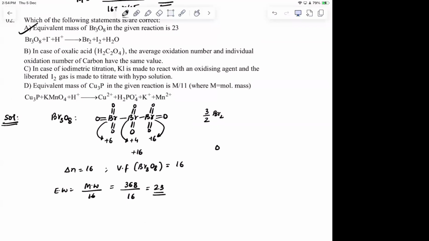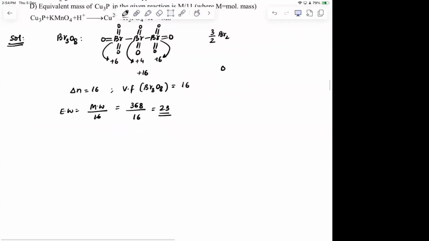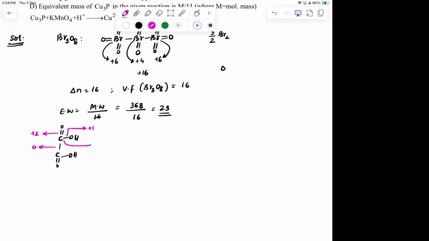Next, in case of oxalic acid, the average oxidation number and the individual oxidation number of carbon have the same value. Okay, that is true because H2C2O4, if you notice by structure also, C double bond O, OH and C double bond O, OH. Now check out here. This carbon is gaining plus 2 here, plus 1 here, and 0 here, which means the total charge is plus 3. Same logic goes for the other carbon.